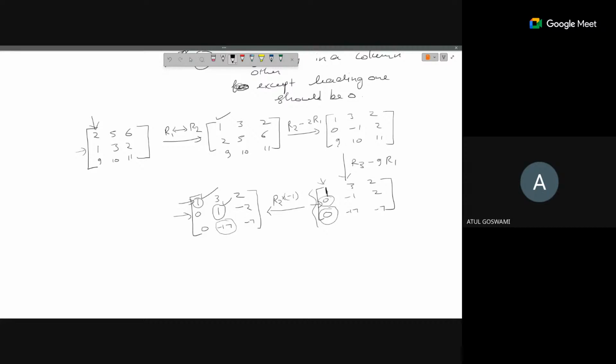Now for the third row, this cannot be non-zero. So for that, we make it zero. How do we do this? We take the third row and add 17 times row two.